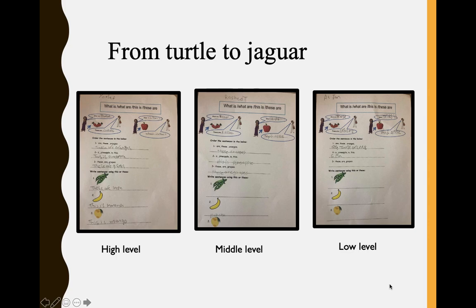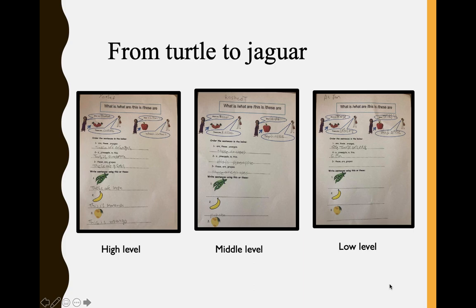The second one was able to answer the first question and the second question, but in the third section, he only wrote the name of a fruit, apple.